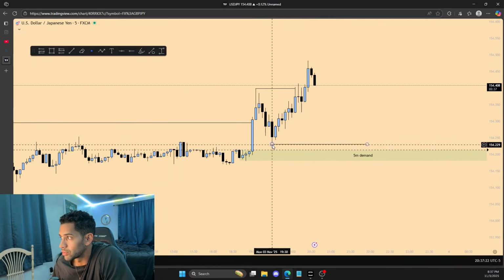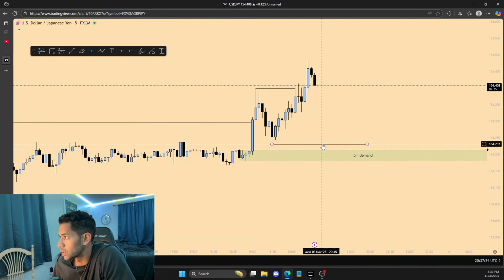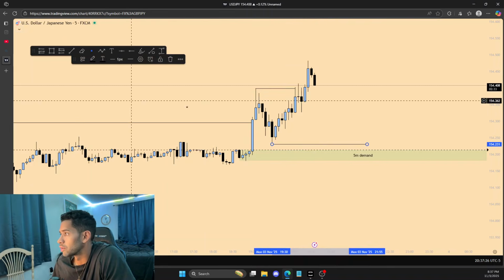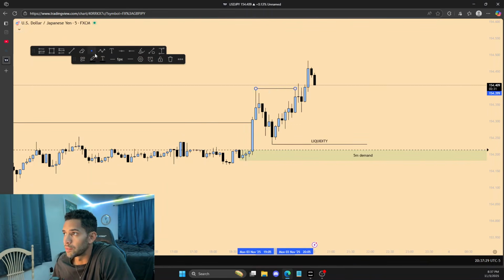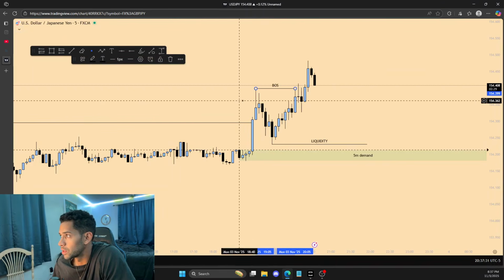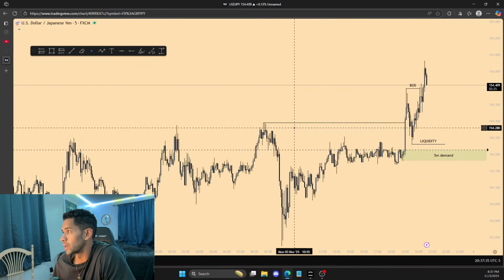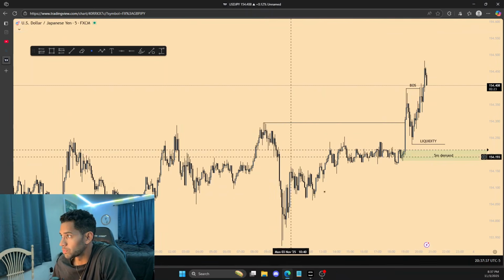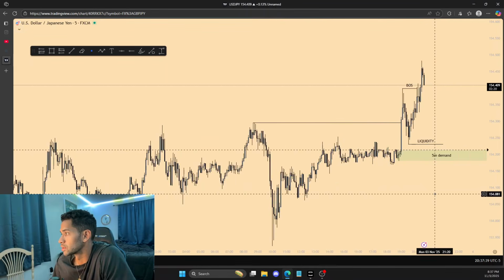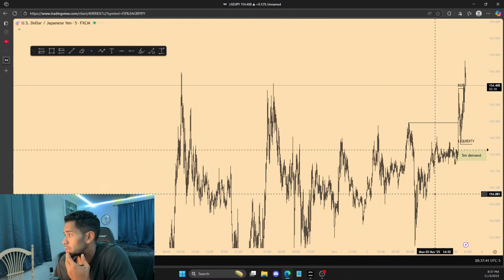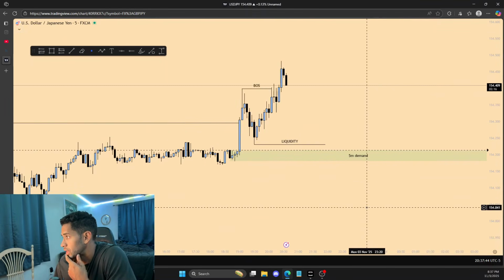Price then came down, almost touched our zone, which we marked out here. I'll write it down. Liquidity. And then we have the high of the liquidity that broke, which I marked out here. And then as I marked out with this trend line, we broke previous major high.